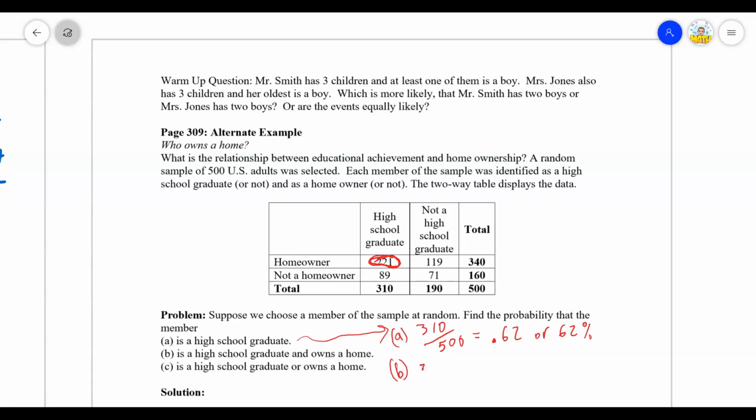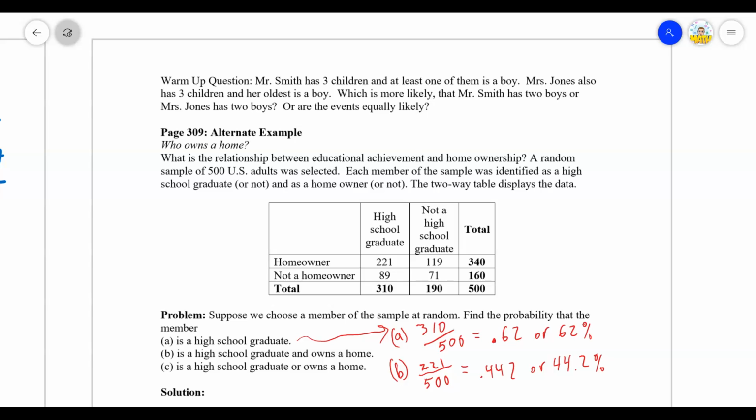And it's out of everyone, right? It's a member of the sample at random. There's nothing conditional about that particular question. So it's 221 out of 500 would be the probability that they are a high school graduate and they own a home. So either 0.442, or if you like percentages, you can say 44.2%.